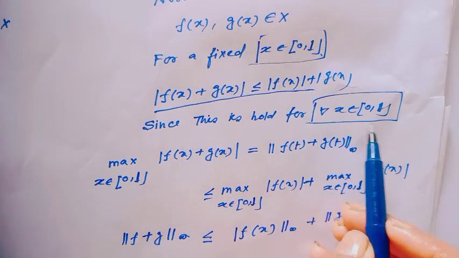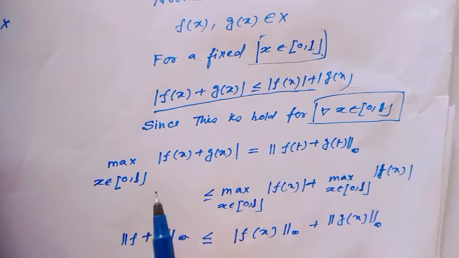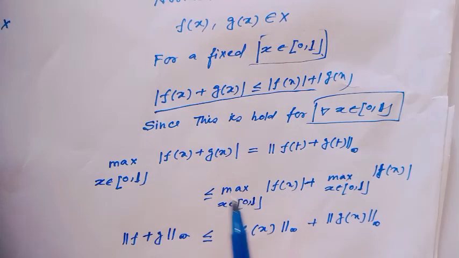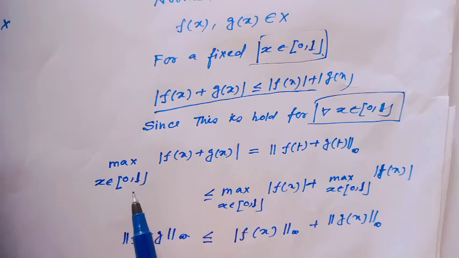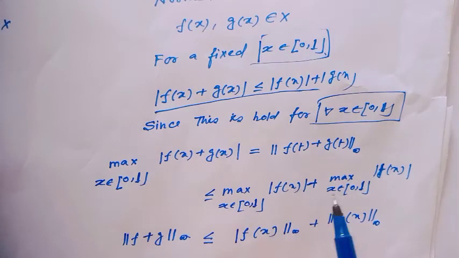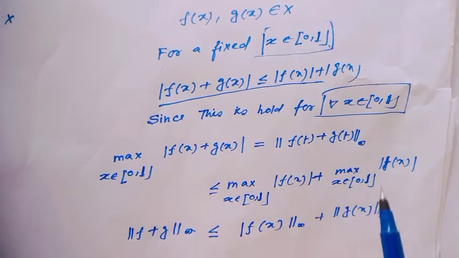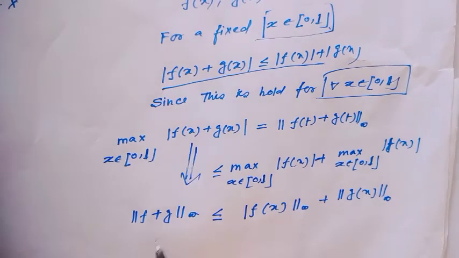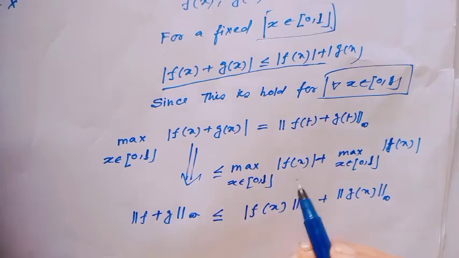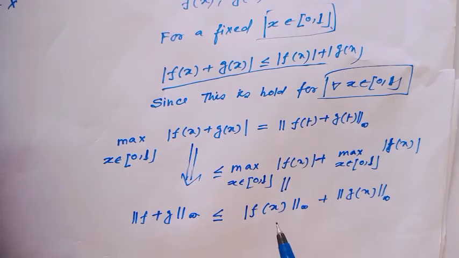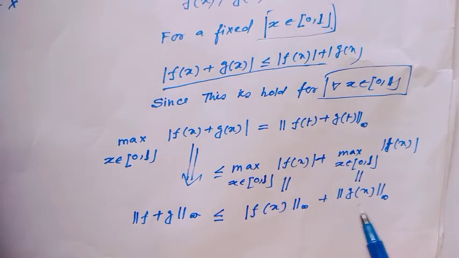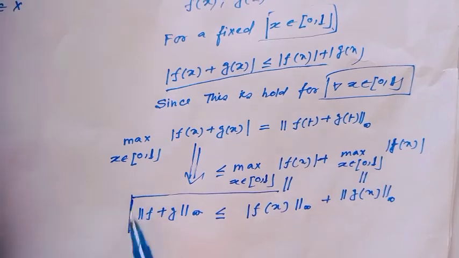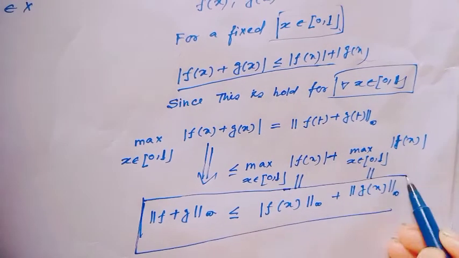Since this holds for all x in [0,1], the inequality will hold for maximum values also. If we apply the maximum for all x in [0,1] on both sides, then this means the norm of f plus g infinity is at most the norm of f infinity plus the norm of g infinity. That means the triangle inequality has been satisfied here.